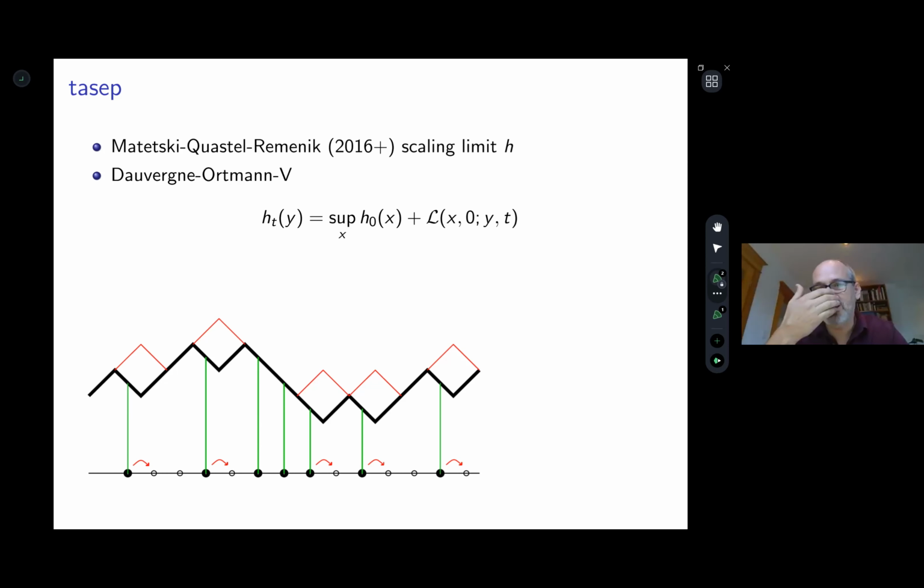And how do you define the distance? Well, you just maximize. So you look at the location (x,0) and (y,t), add h0 to that, and take a supremum. So it's like a Hopf-Lax formula in this setting, and that's not an accident.